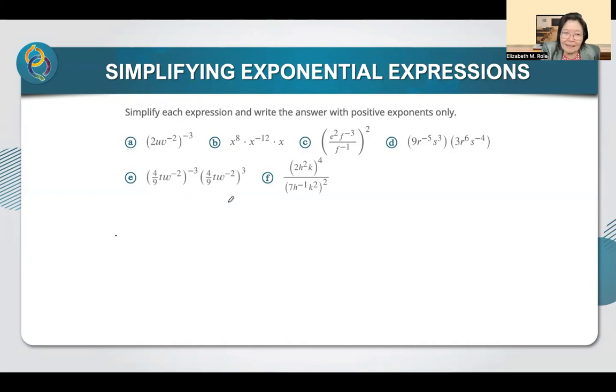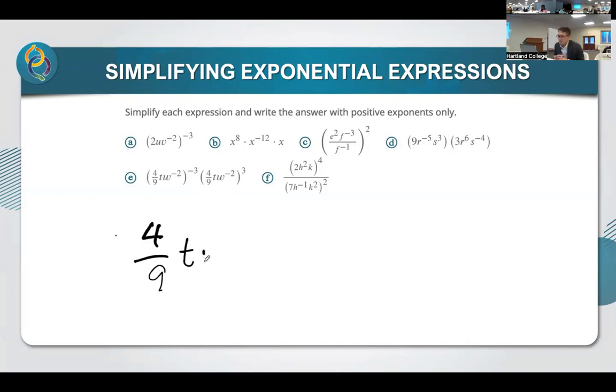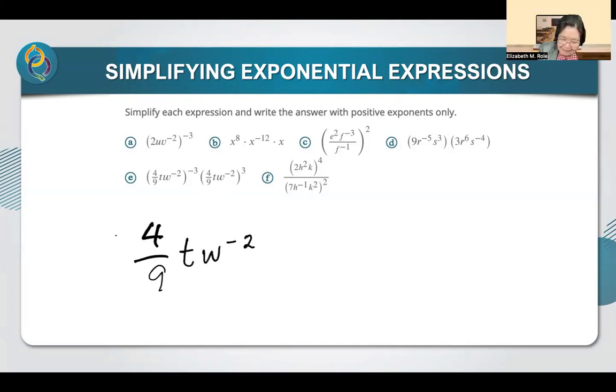And what did we say? Anything raised to the 0 power is 1. Don't worry about it if you are very observant, then you can immediately get the answer.